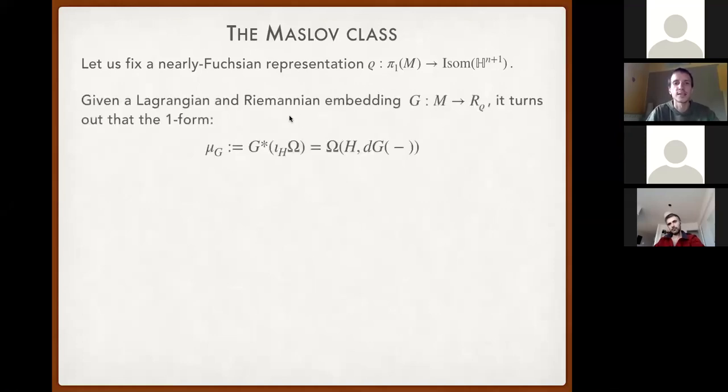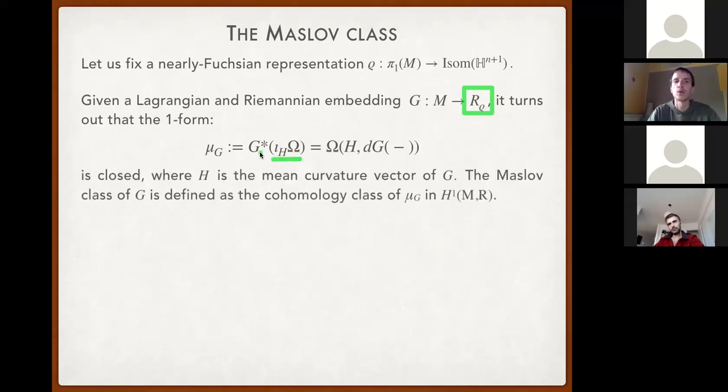And then we have these Lagrangian and Riemannian embeddings, because we know these are necessary conditions, in R rho, again. So this is in the quotient. This is the embedding in this omega plus times omega minus divided by the action of the group. And you can compute this one form. We take omega, we feed omega on one entry with h, which is the mean curvature vector, and then we pull back by g.